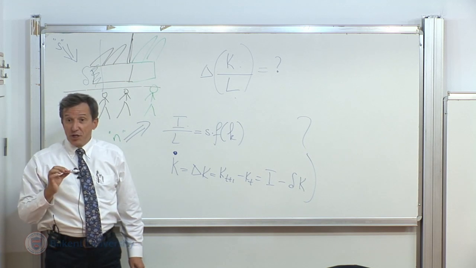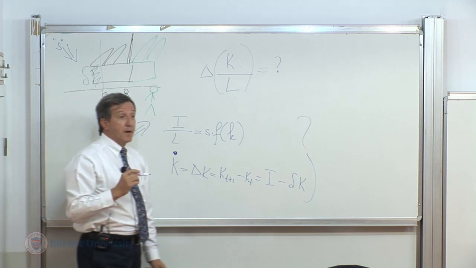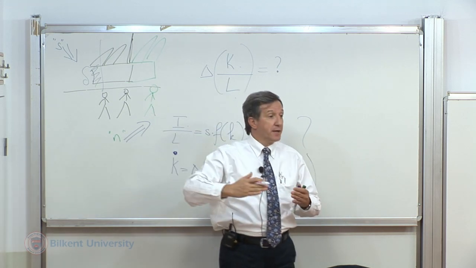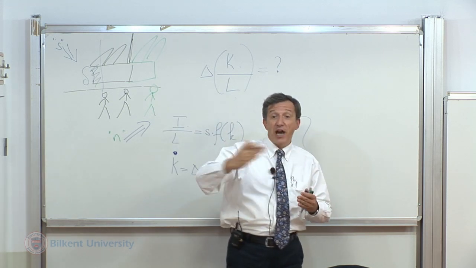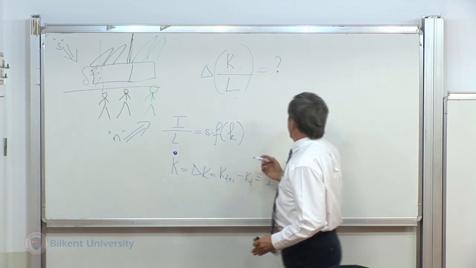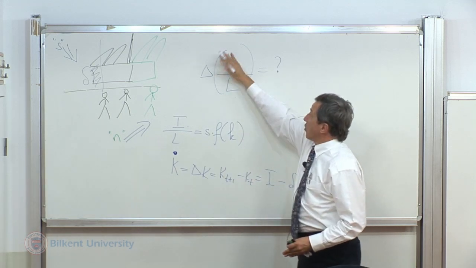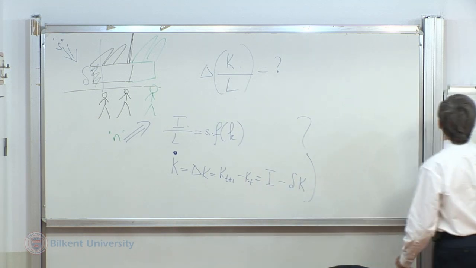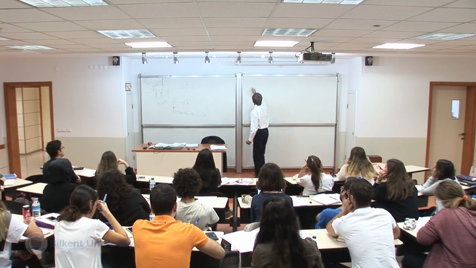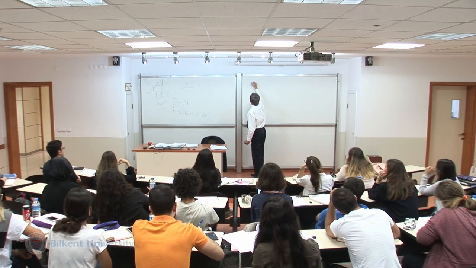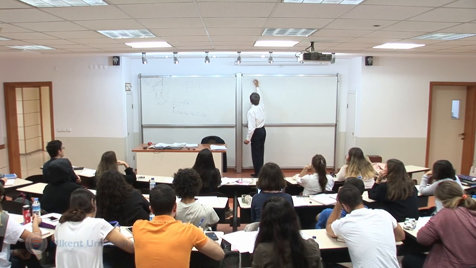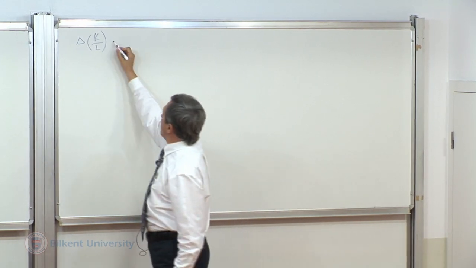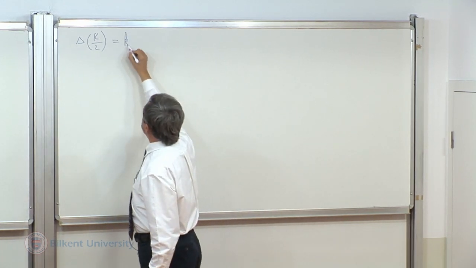Now, under these conditions, first of all, I want to check how capital per labor changes over time. Capital per labor, that's the whole thing, changes. How does it change? Well, let me continue from this side. Change in capital-labor ratio. In notation, I am going to denote this as little k.